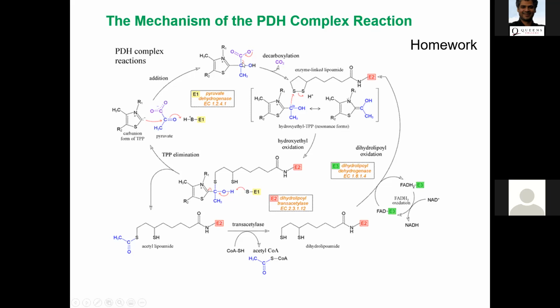Why would that happen? Look here, when you push O- to create a double bond between carbon and oxygen, and then you break that single bond between the purple carbon and the blue carbon, you will end up generating this carbanion that is shown here in this bracket.